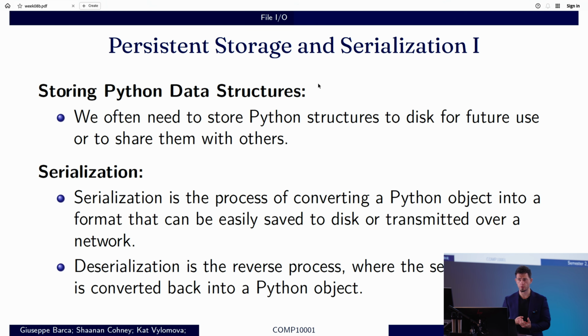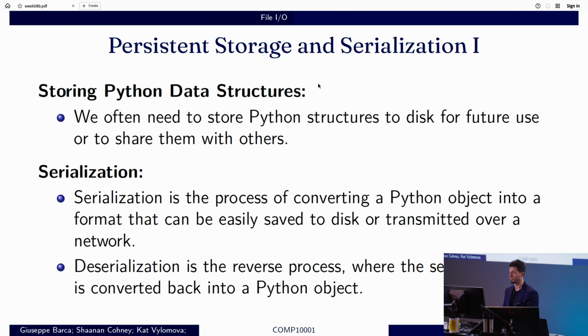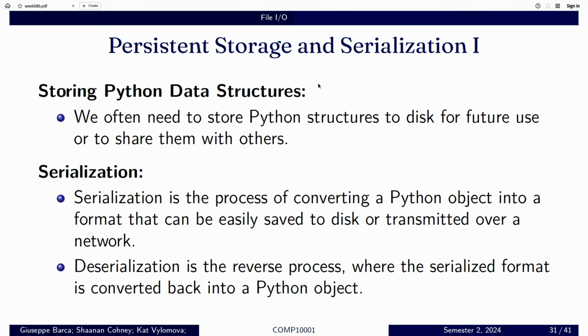So I've shown you so far how to write to file very simple stuff, like strings, essentially. But often we need to store more complicated data structures. We need to store objects. And the process of converting a Python object into a format that can be easily stored and saved to disk is called serialization.